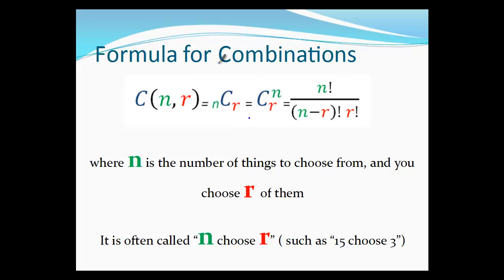So the formula for combinations is over here, where C denotes combination, and n is the number of things to choose from, and you choose r of them, or the number of spots.